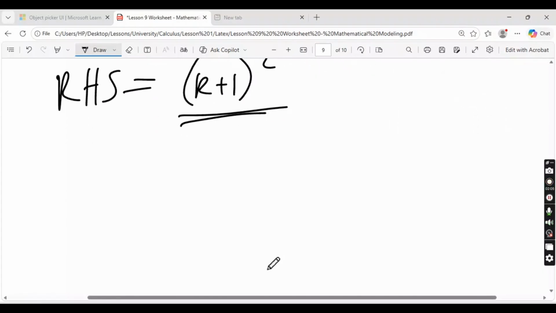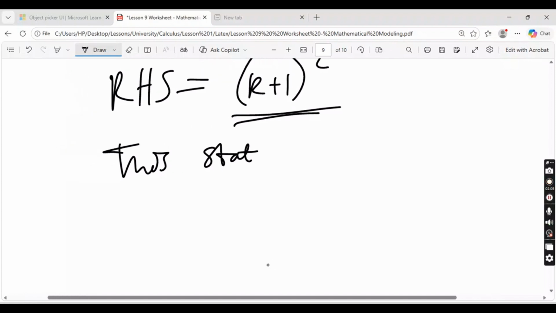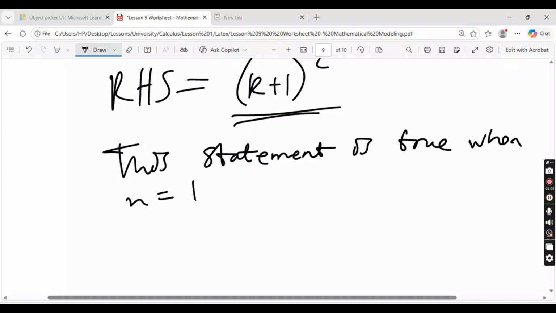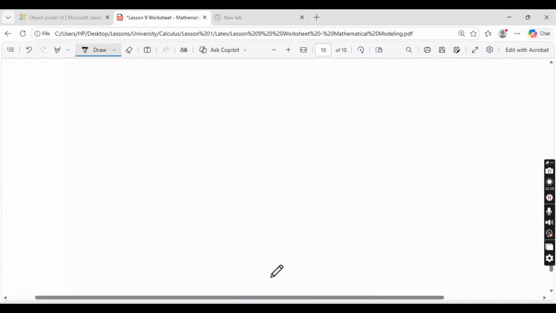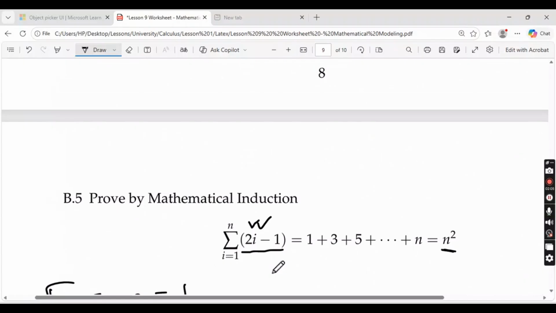If this statement is true, the statement is true when n equals 1, n equals k, and n equals k plus 1. Okay, so yeah, that's a very tiny detail that hopefully you remember.